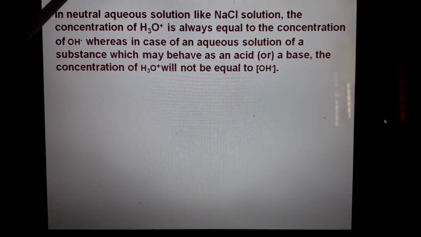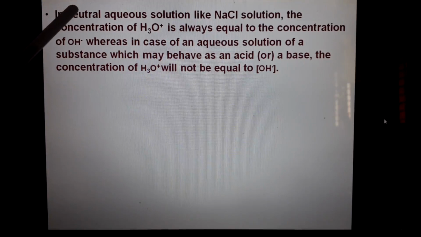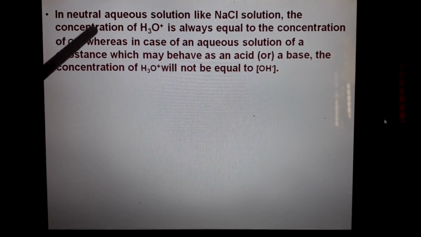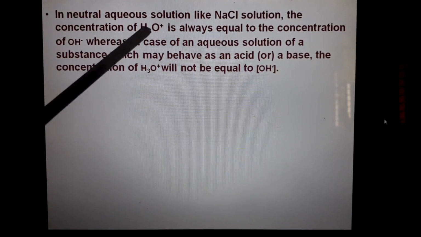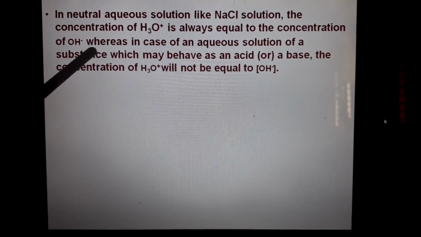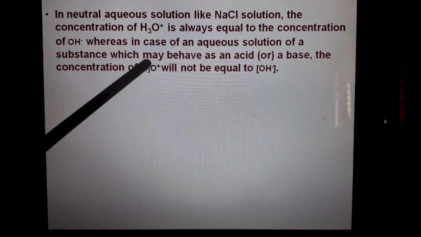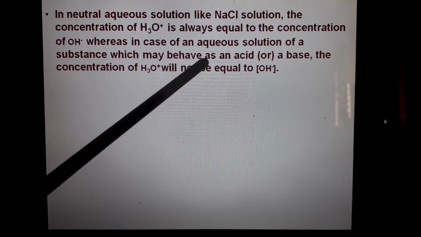In a neutral aqueous solution, like a sodium chloride solution, that is salt. In the kitchen, we take salt and dissolve it in water, making an aqueous solution. The concentration of H3O plus is always equal to the concentration of OH minus. Whereas in an aqueous solution of a substance that is an acid or base, the concentration of H3O plus will not be equal to OH minus.